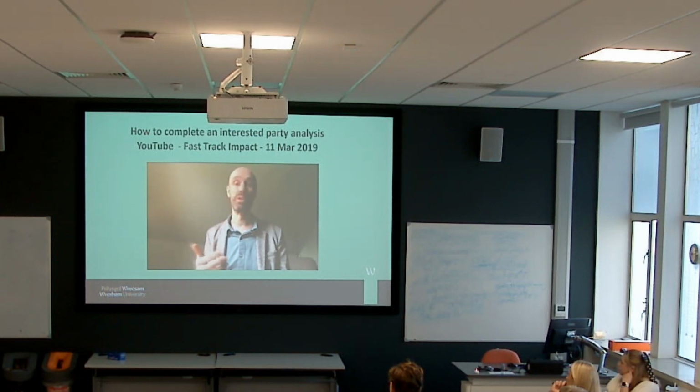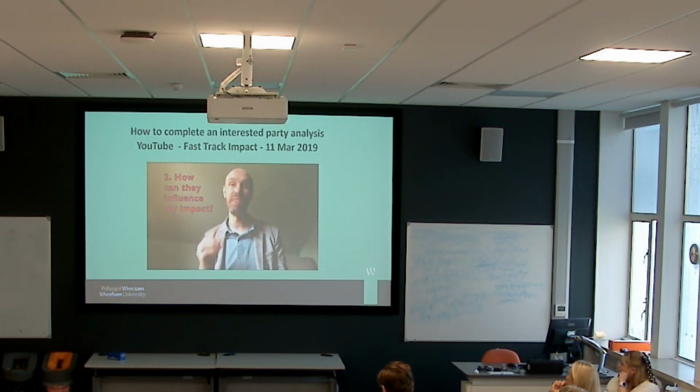The second 2 questions, you can do either of these or both. So the first is, how influential are they? And specifically, I'm asking, what is their ability to influence my ability to achieve impact from this research? And this can work in 2 ways. It could be that they can potentially facilitate impact at scales and in ways that I could never do myself.